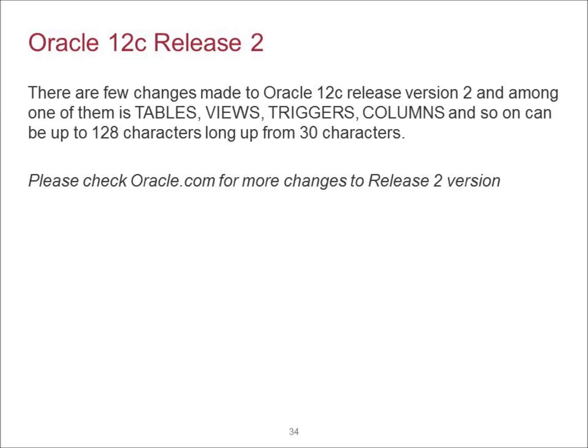So this feature is enabled in the release 2 version, and you can look at oracle.com for more changes in release 2. So that's it for part 1 of Oracle new features for developers.